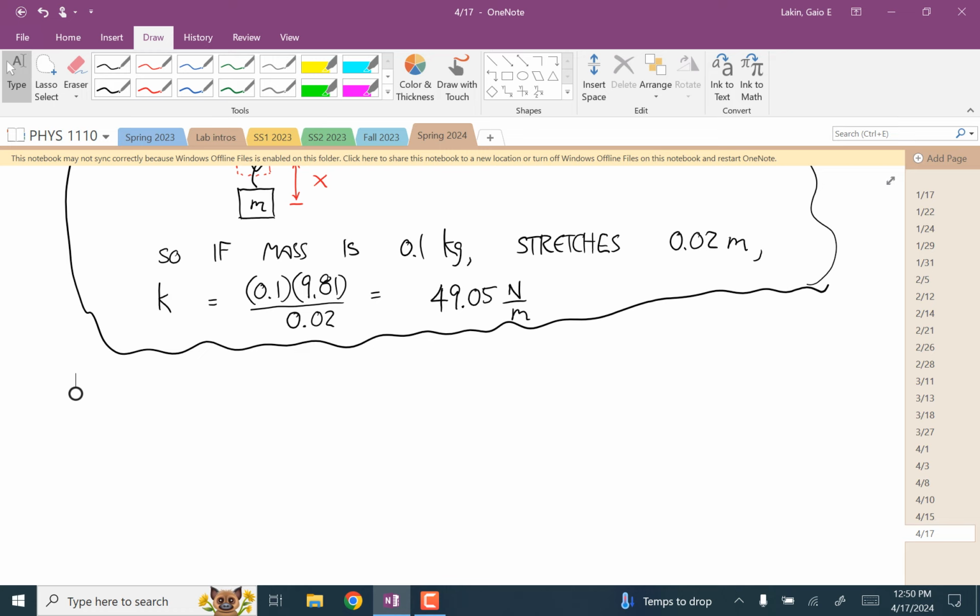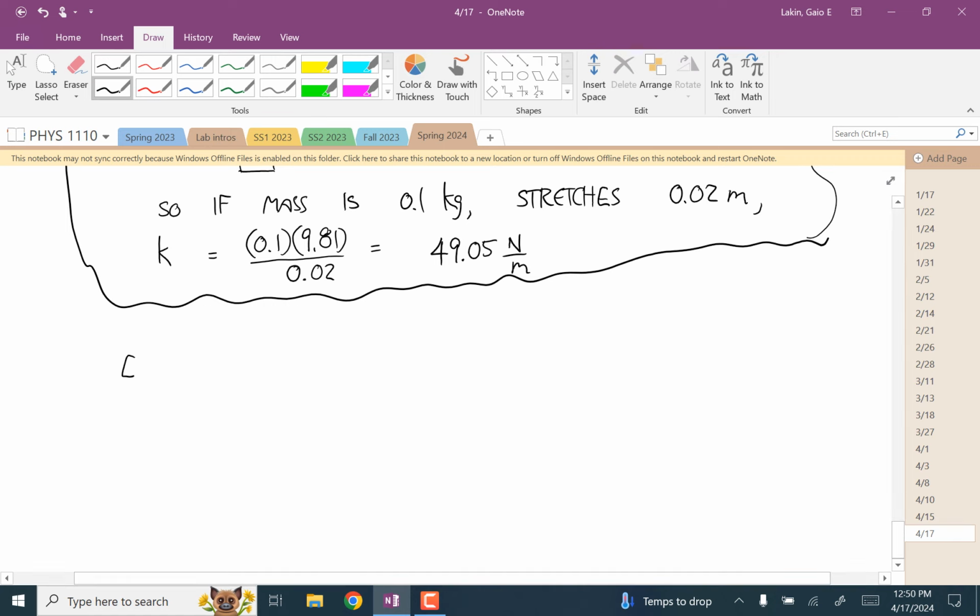If you see something with a collision in it, but then other stuff happens, consider that it's very likely that you're going to use conservation of linear momentum for the collision part, and then conservation of mechanical energy for the rest of the stuff. Okay, so let me do an example like that.